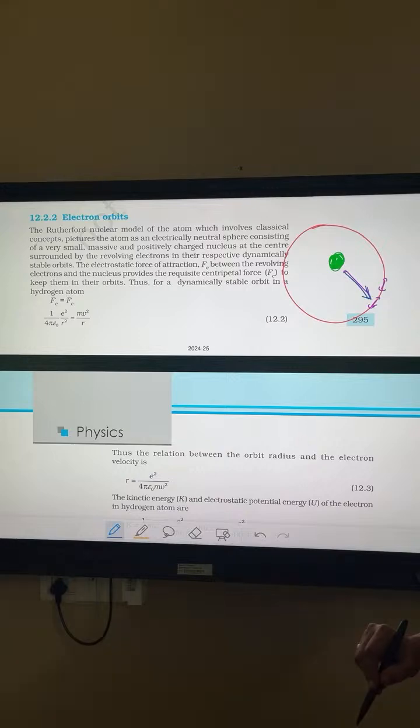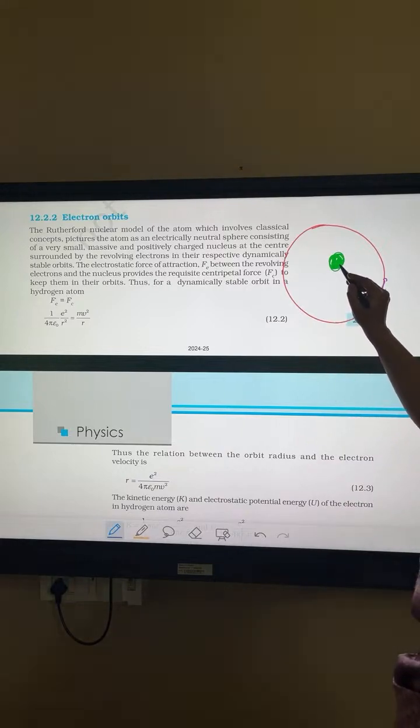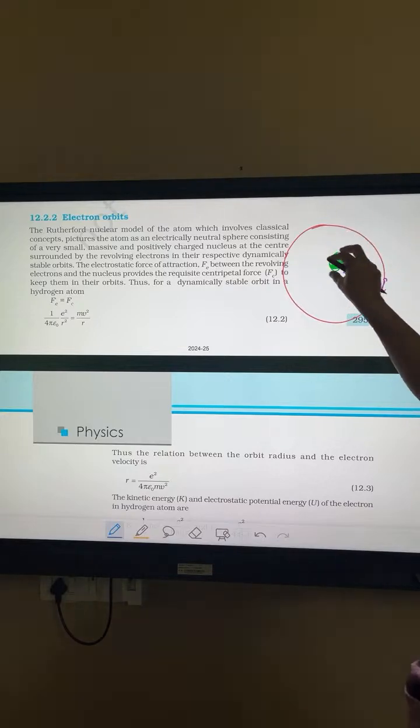Attraction is outside. It tends to attract. The nucleus is providing a force of attraction, extended in such a way.